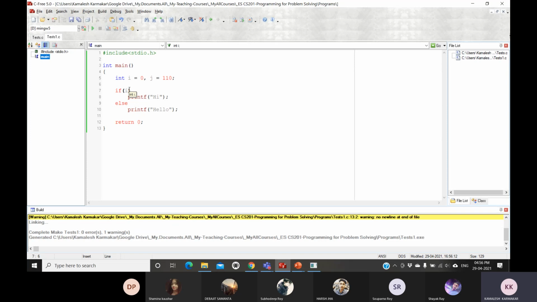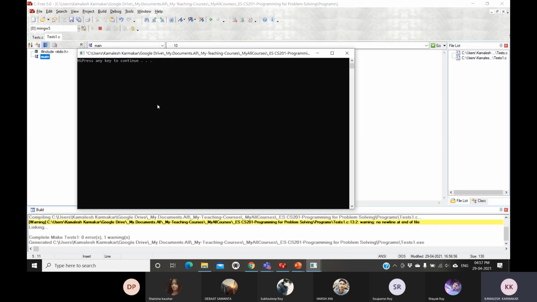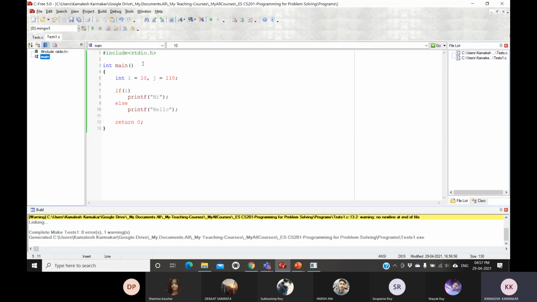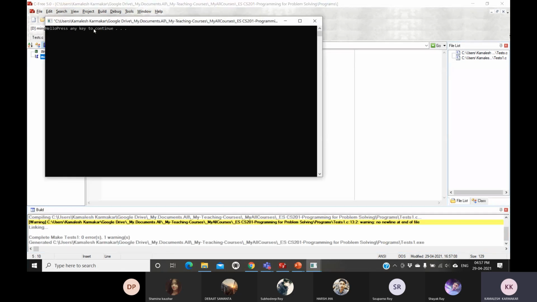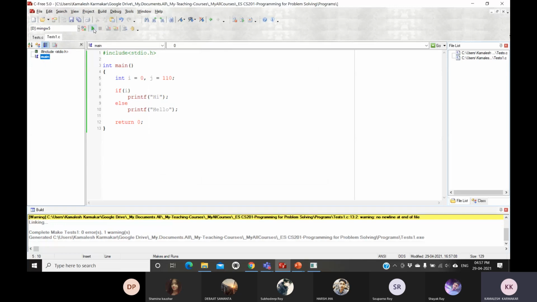The reason is that except 0, everything is treated as true. 0 will be treated as false. If it's not 0, like previously where I wrote 10, then it will print high. But if this value is 0, then in the if clause the value 0 is treated as false. That's why the output will be hello.